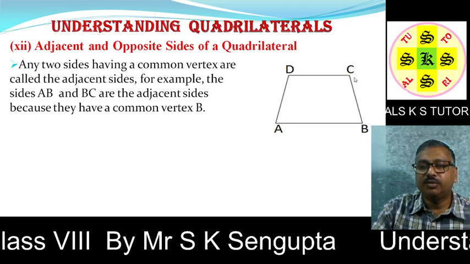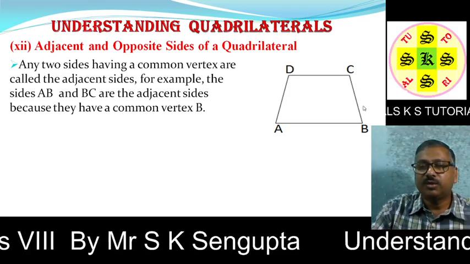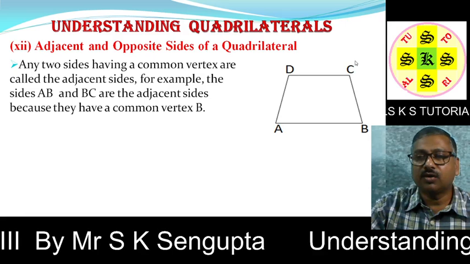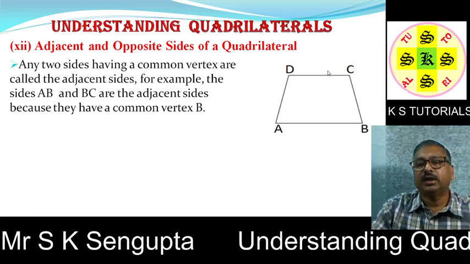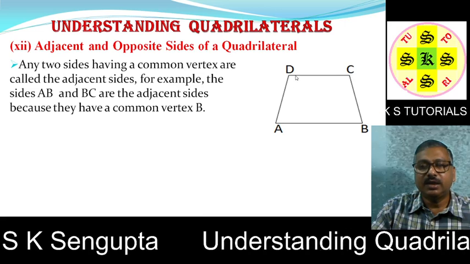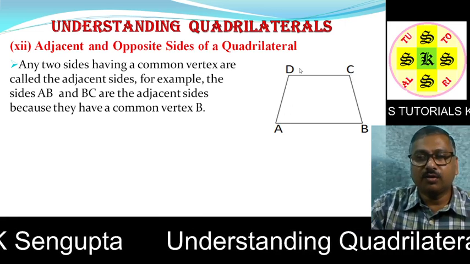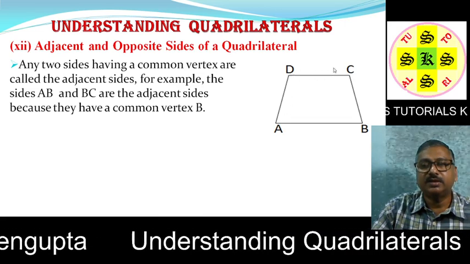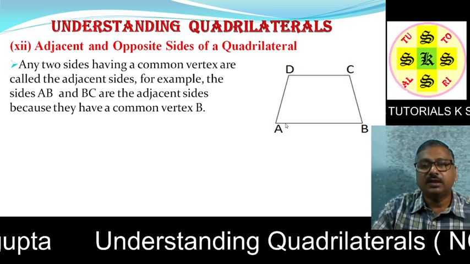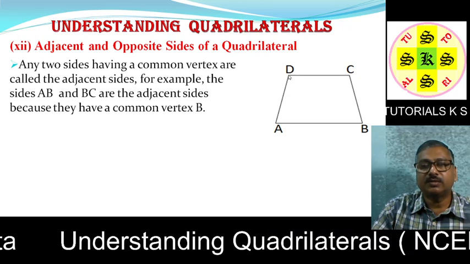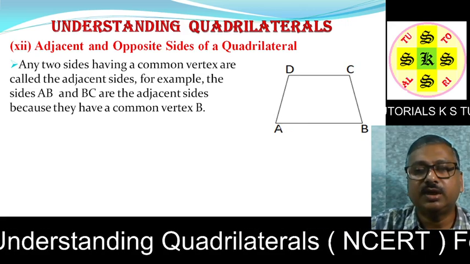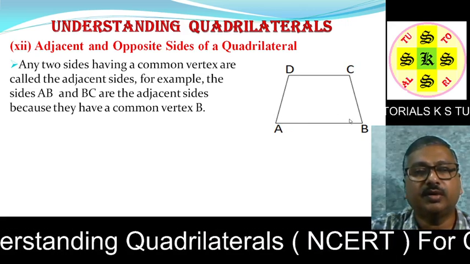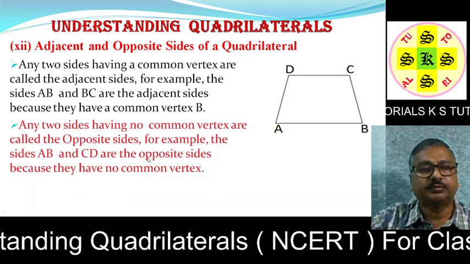Similarly BC and CD have a common vertex C, so they are another pair of adjacent sides. CD and DA have a common vertex D, another pair. DA and AB have the common vertex A, another pair of adjacent sides.